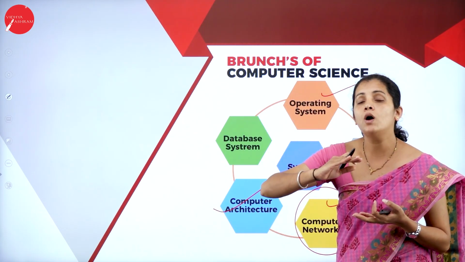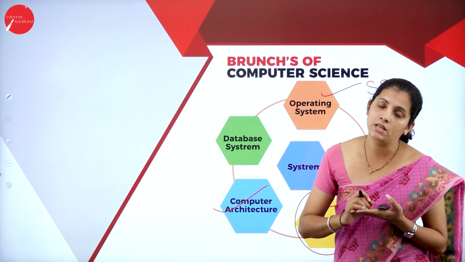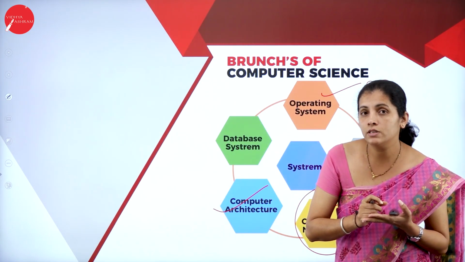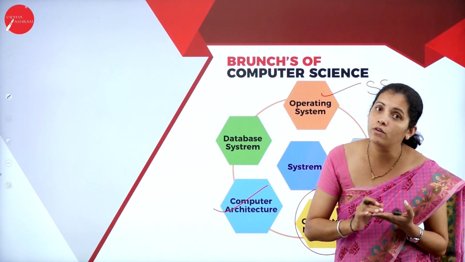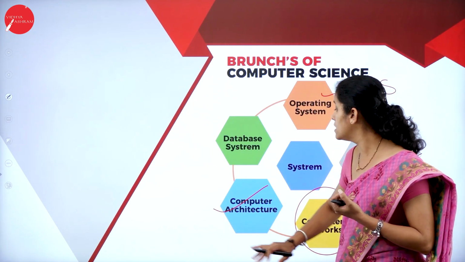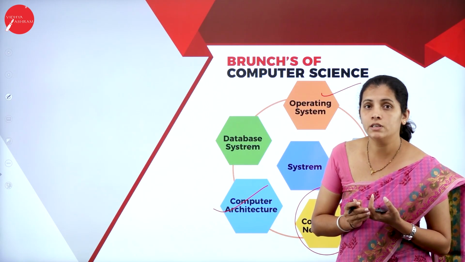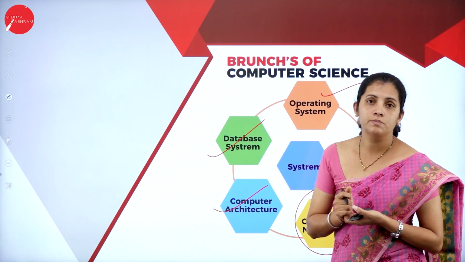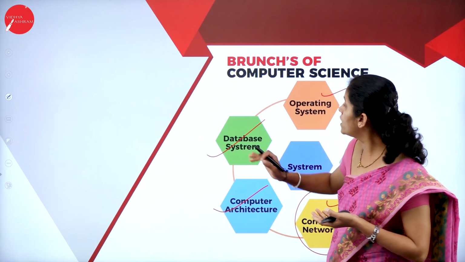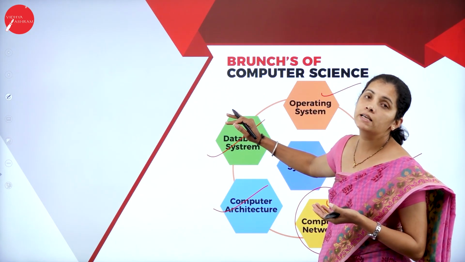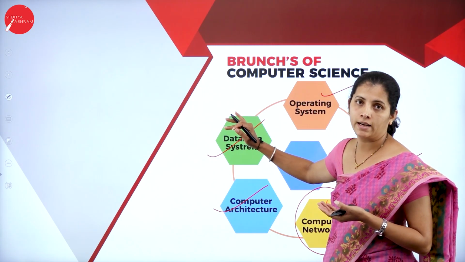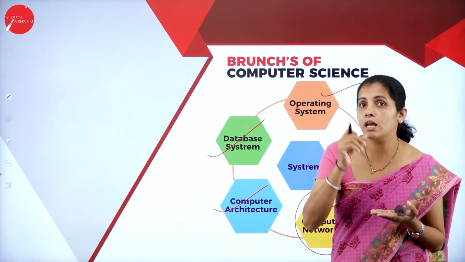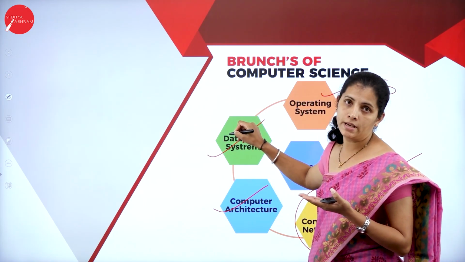Then we are going to have computer architecture. That means how the computer systems work, what the architecture of the computer system is, and what the components of the computer system are. Everything comes under computer architecture. Then I'm going to have database management system. So what is data? Here data is nothing but raw fact. When I have a collection of data, at that time I require a database.